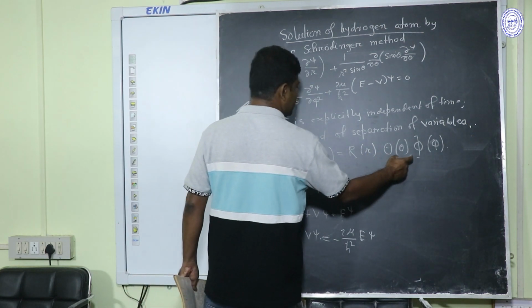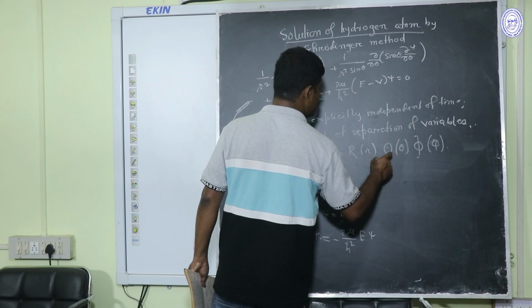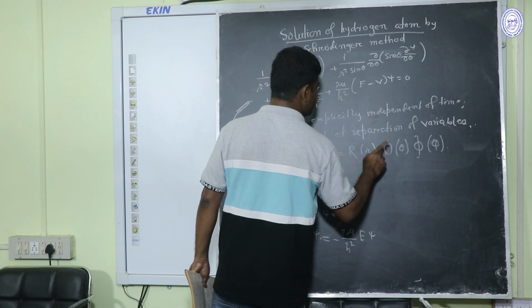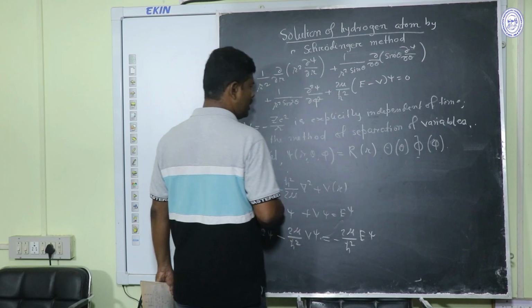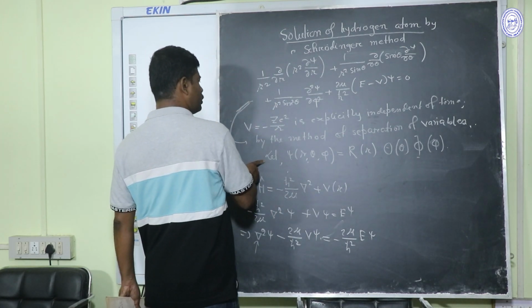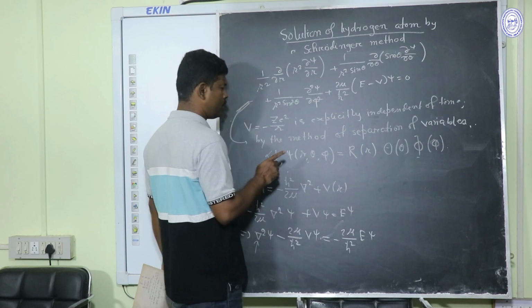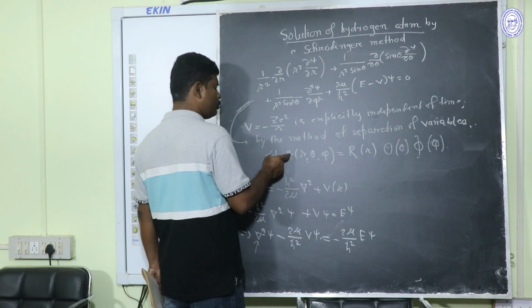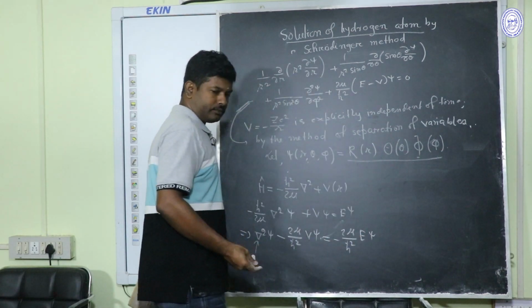Each of these is one part of the wave function describing the motion of the electron. So by the method of separation of variables, when the potential energy of the electron is explicitly independent of time, we can assume the wave function of the electron like this.